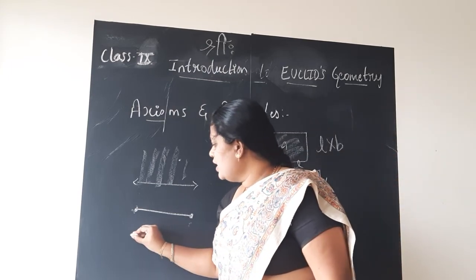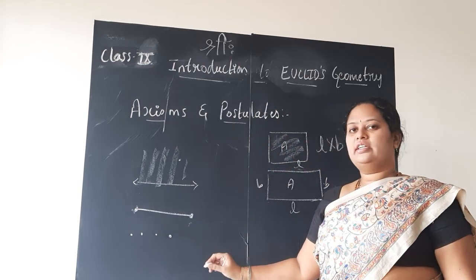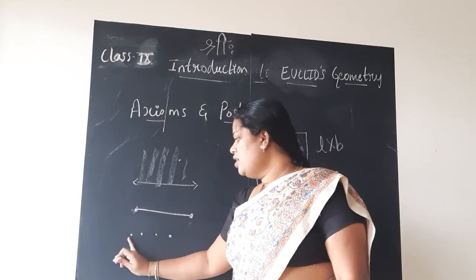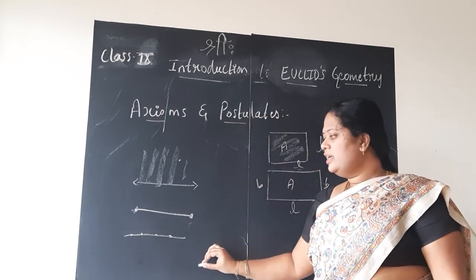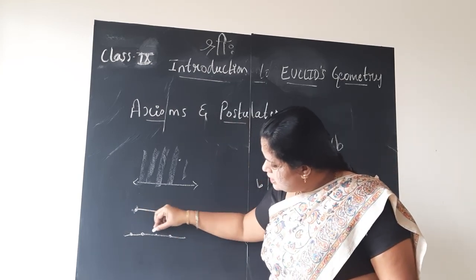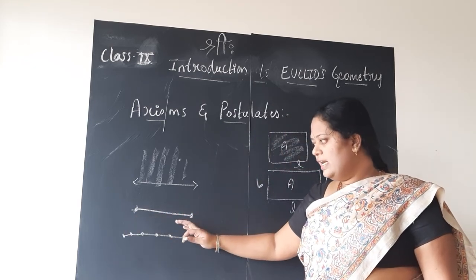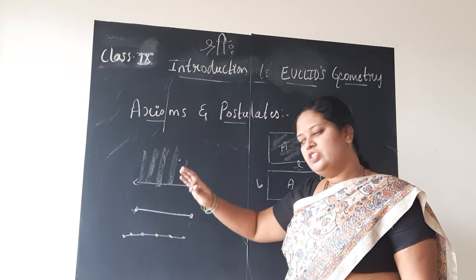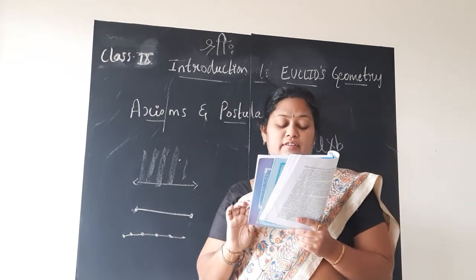Yes, no, you have studied about the collinear and non-collinear points. Yes, no, children, isn't it? Now, if you join all these points, it forms a straight line. Correct? So, this line consists of number of points on it. So, a straight line is a line which lies evenly with the points on itself.